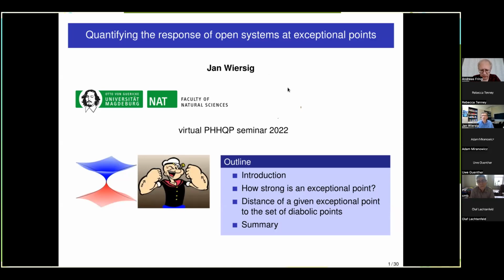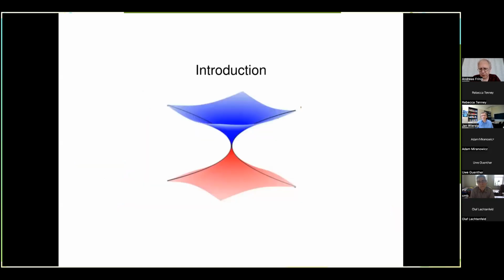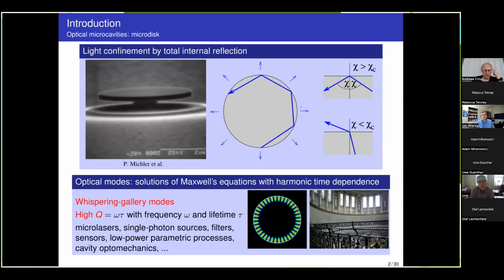I think. Okay, let's come to the introduction first. So let me start with briefly explaining what an optical microcavity is. This is the one, or the objects that we study in our group. Maybe a prominent example is such a micro disk cavity.